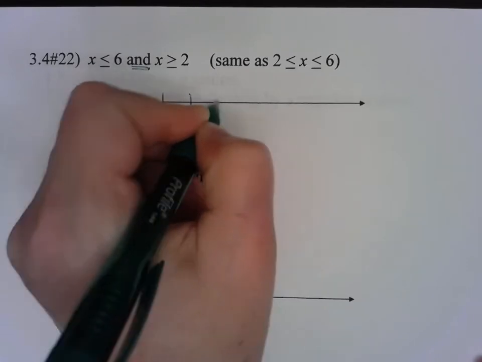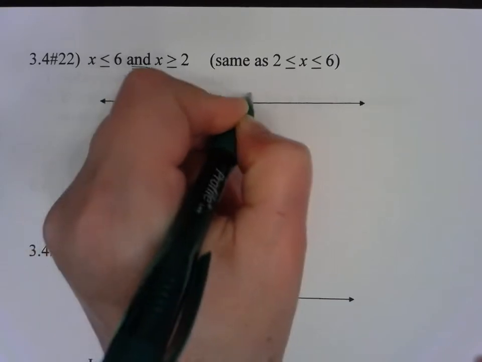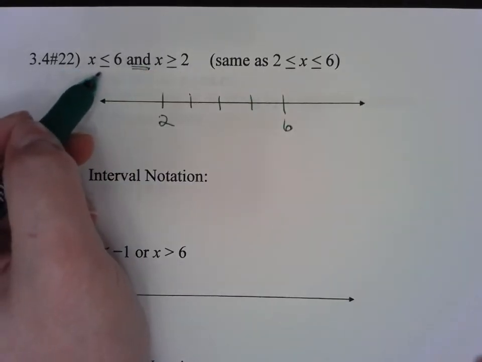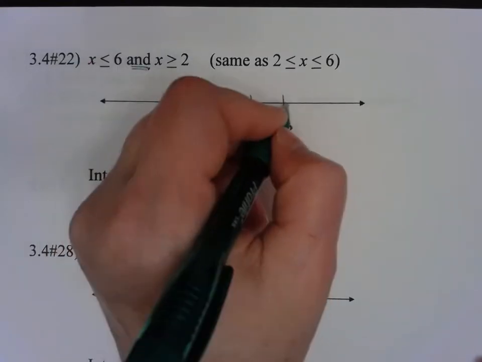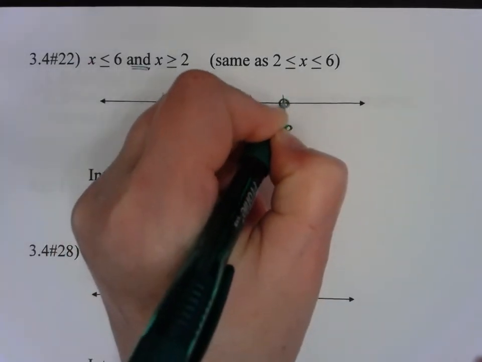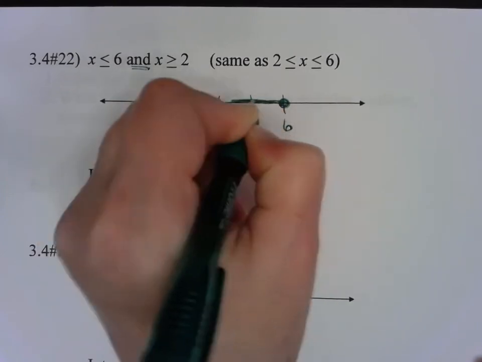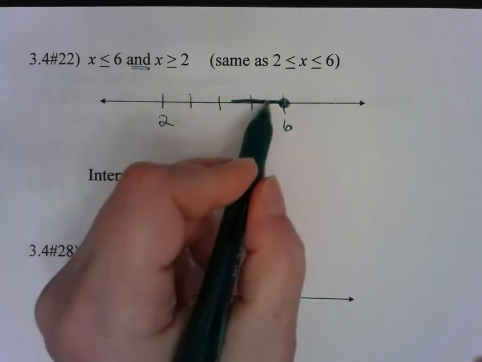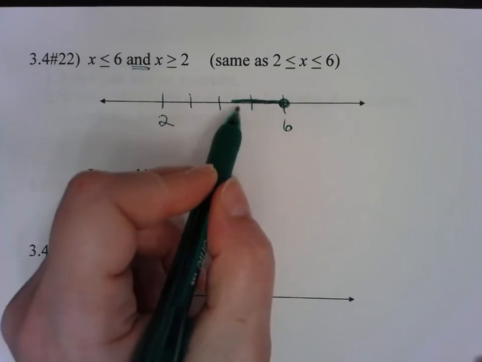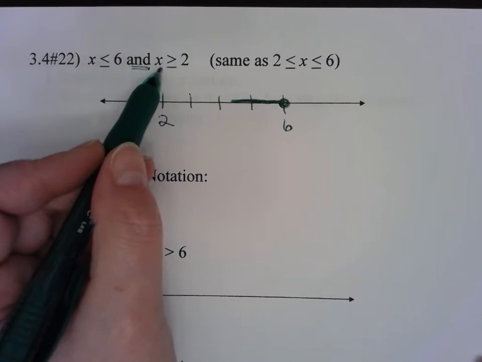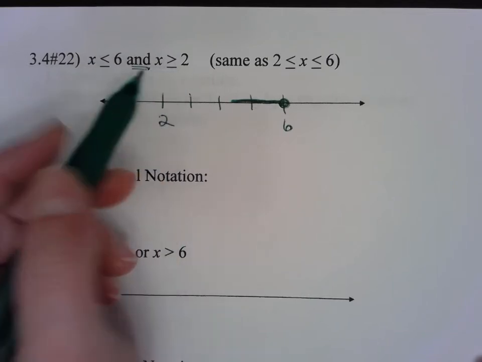So here's 2, 3, 4, 5, 6. Okay, so in this example, I want x values that are less than or equal to 6. So 6 is included. And I'm going to start shading to the left because that would be numbers that are smaller. And at the same time, numbers that are also greater than or equal to 2.